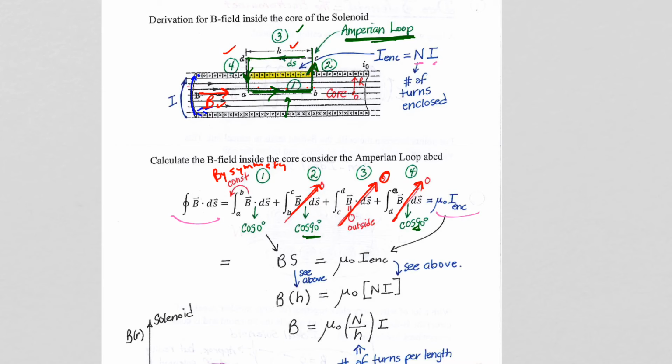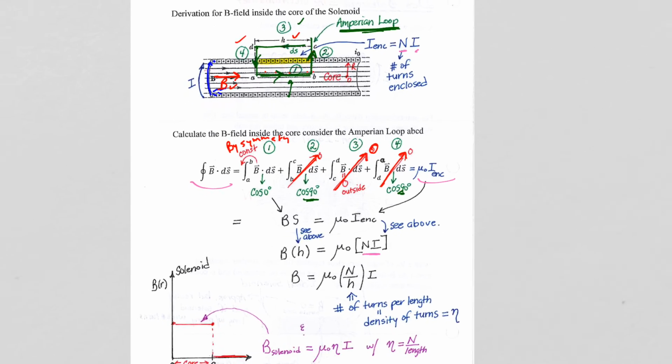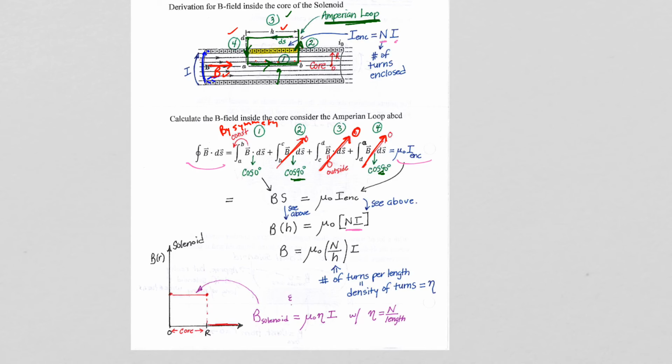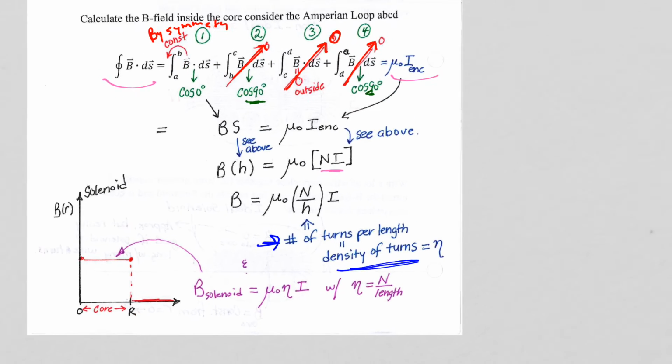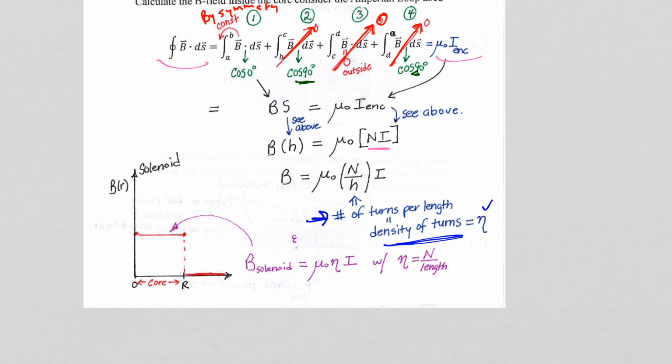We just said that I enclosed is the number of coils times the current in each coil. And what we have here is, when we bring the h down, leave it as a variable, h is a length in meters, so we have the number of turns in that length h, which is going to give us the number of turns per length of the coil, and that is called the number density of turns, and we use that script n for that number density.